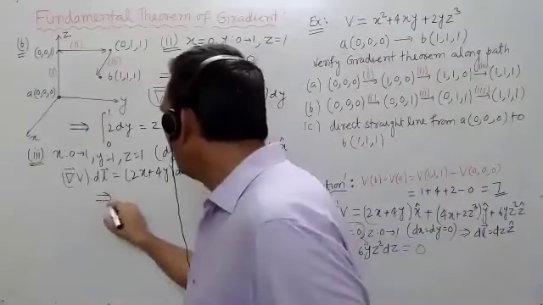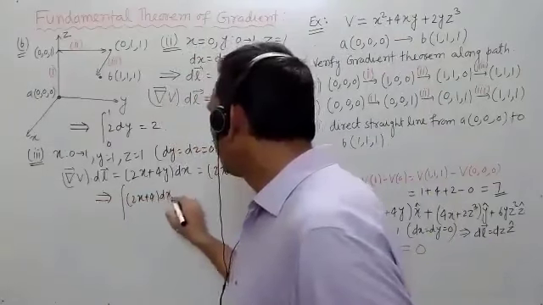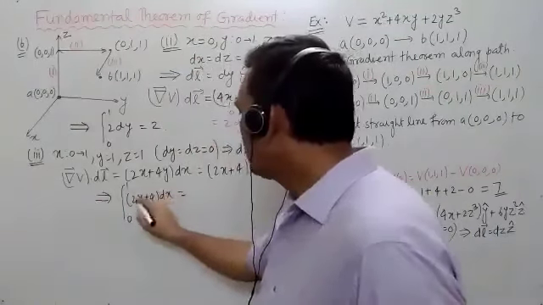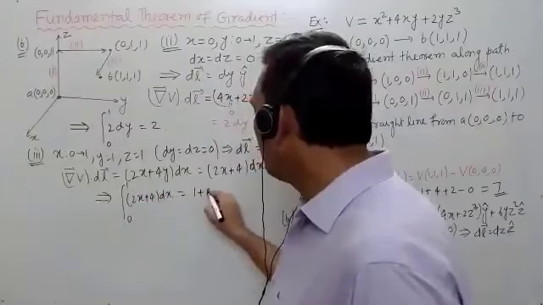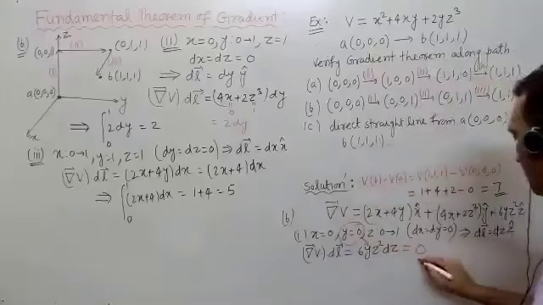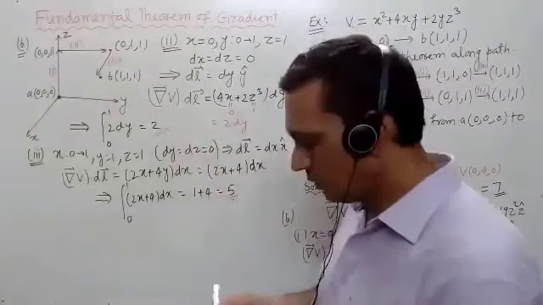So now the integral will be twice x plus 4 dx from 0 to 1. So this will give you x square by 2, which is 1, plus 4, that is 5. So the values are 0, 2 and 5.